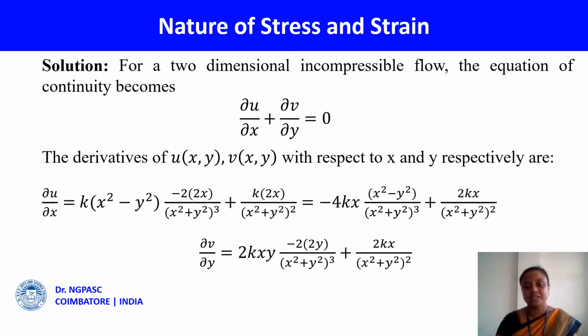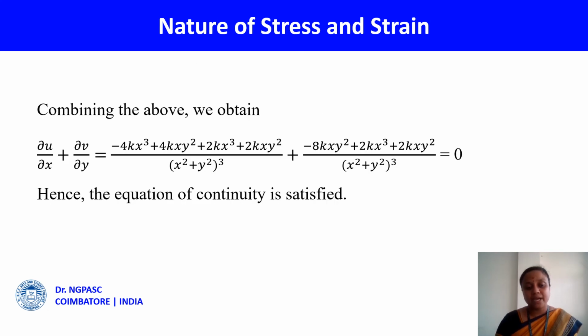Substituting these values in the continuity equation and combining, we get dou u by dou x plus dou v by dou y equal to 0. Hence the equation of continuity is satisfied.